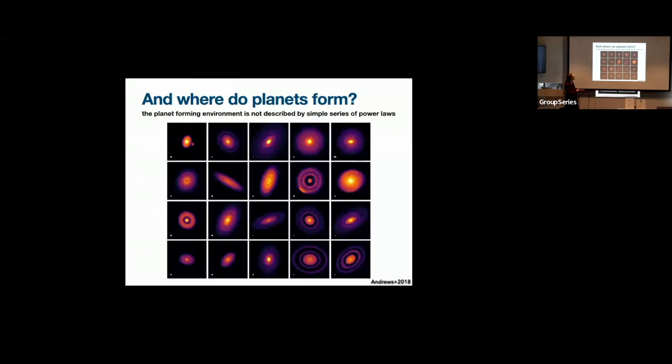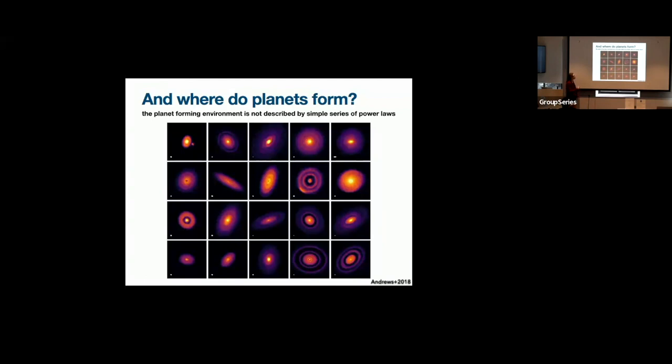And what I hope should be obvious is that these disks are not well described by a series of simple power laws. They have a lot of substructure and a lot of different types of substructure. There are rings, there are gaps, there are spirals, there are asymmetries.